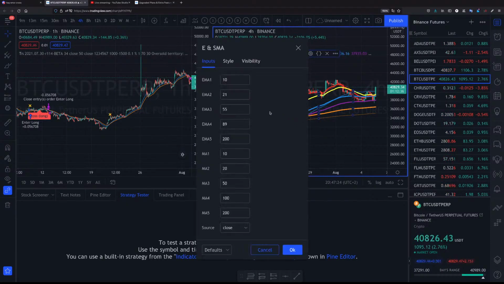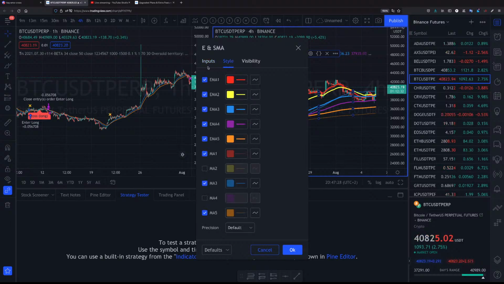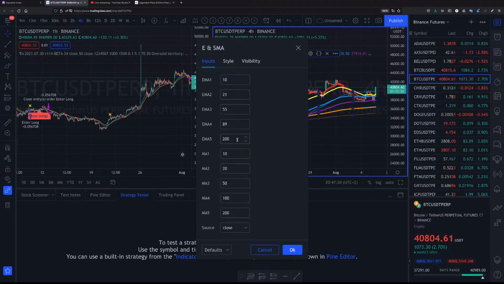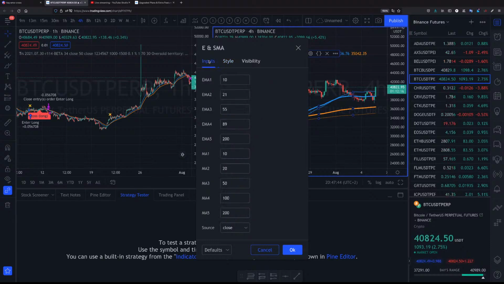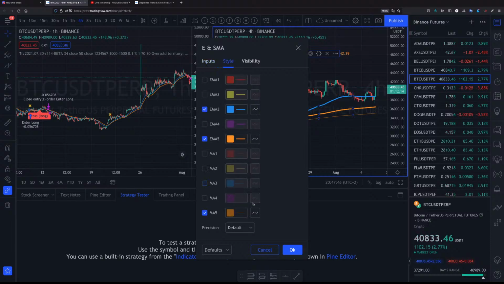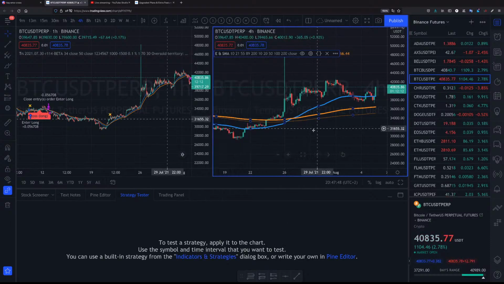And I want to use the 200, the 255 EMA 3, 5. I want to use this and 200 EMA 5.